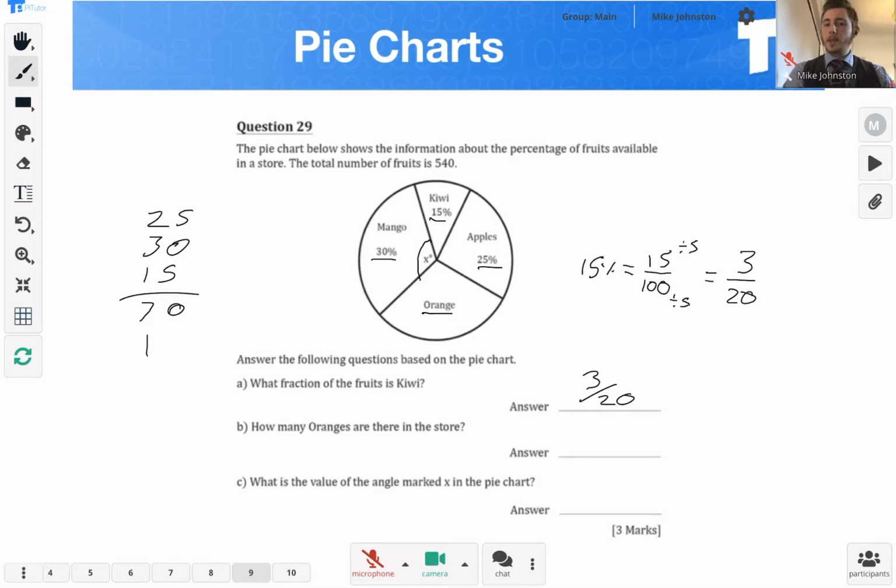That means that the mangoes, kiwis, and apples combined make up 70% of the fruits, which means that oranges must be the remainder, which is 30%. They'll be left over to 100.